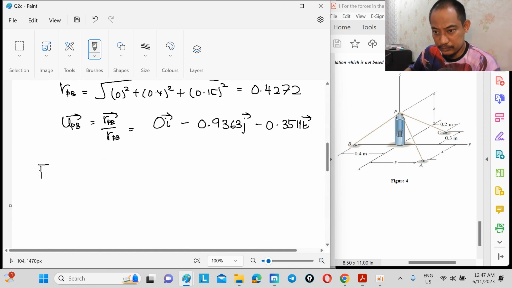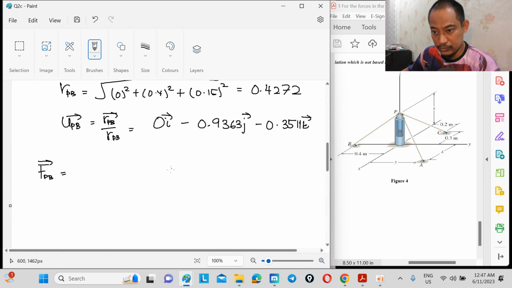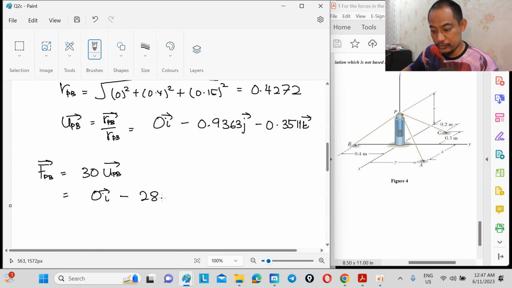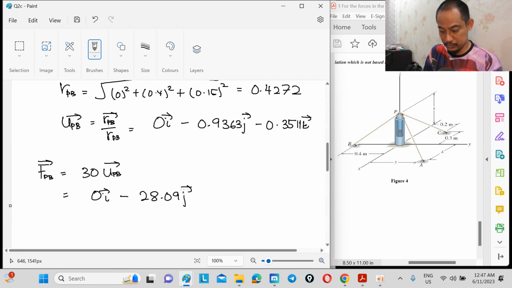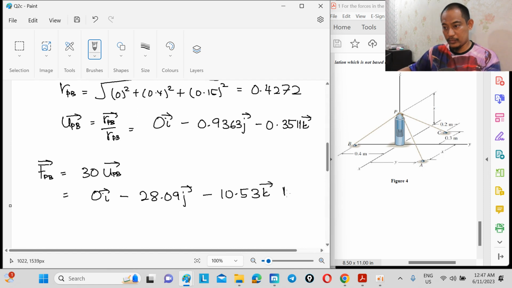And FPB is basically 30 times UPB. So 0i, then 30 times 0.9363, minus 28.09j, and 30 times 0.3511, minus 10.53k Newton, right?